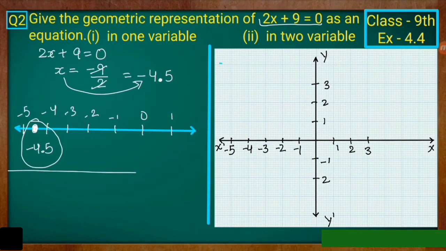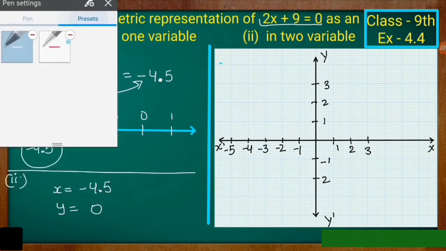Second, we have to plot it for the two variables. So you can see here x is minus 4.5. If x is minus 4.5, then the value of y is 0. Y is 0. You can see here I have already drawn positive x, negative x.